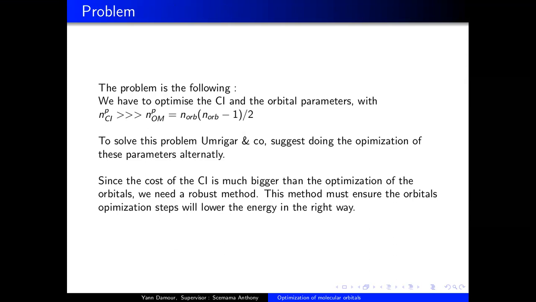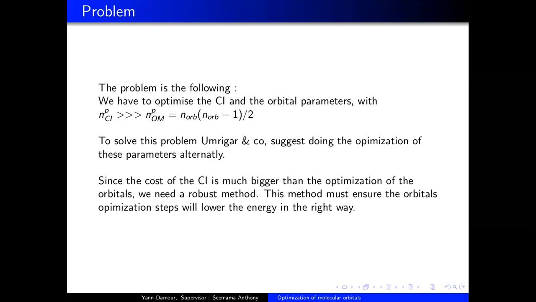So to solve this problem, Mulligan and coworkers suggest doing the optimization of these parameters alternately. Since the cost of the CI is much bigger than the optimization of the orbitals, we need a robust method to ensure that the orbital optimization steps will lower the energy in the right way.